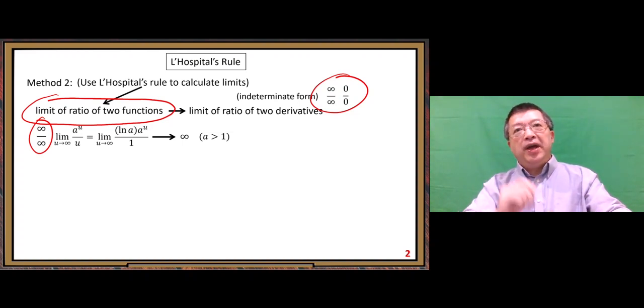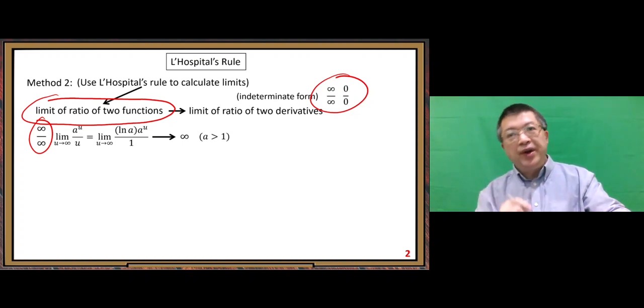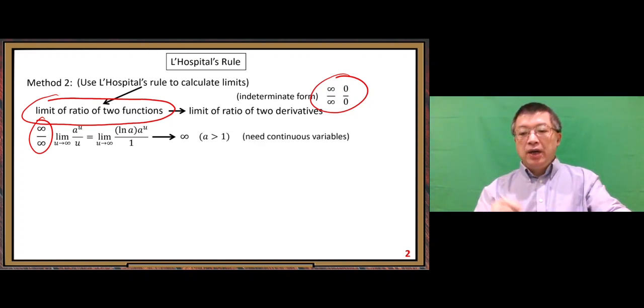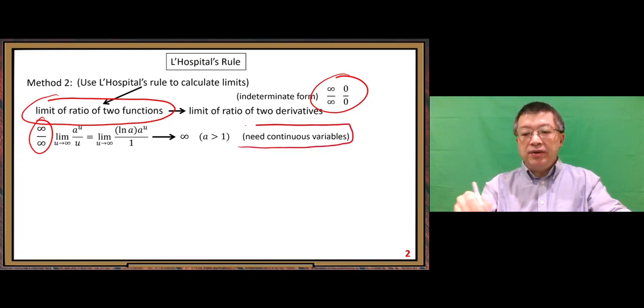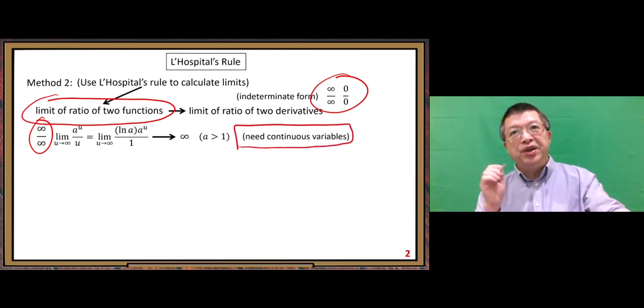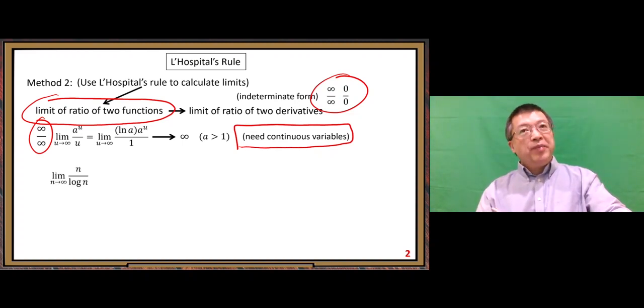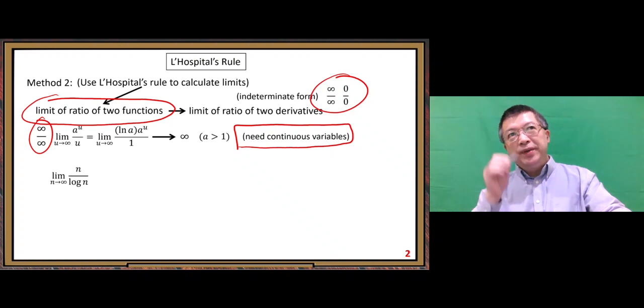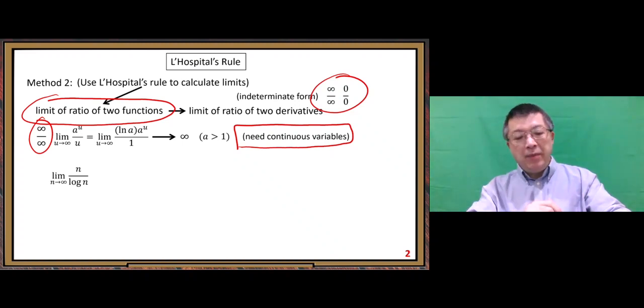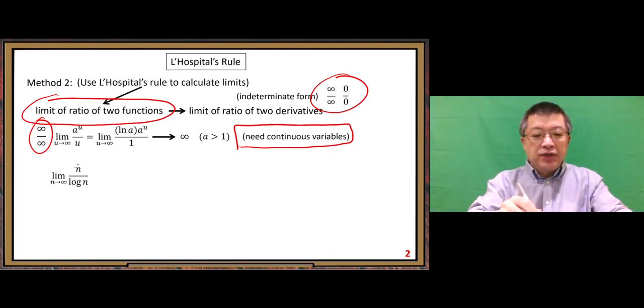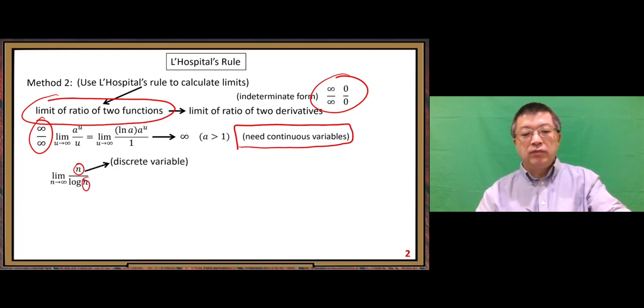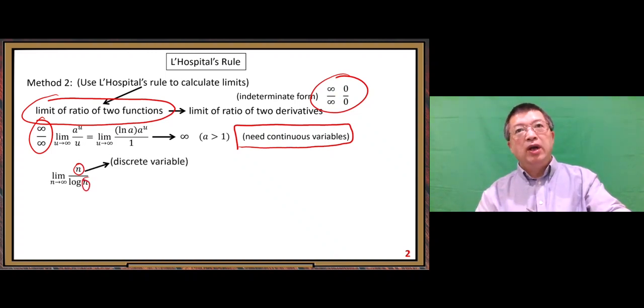But here, one important thing I want to point out is we need to use continuous variables. Because when we work on our limit, this is a discrete variable. So what is the discrete variable?